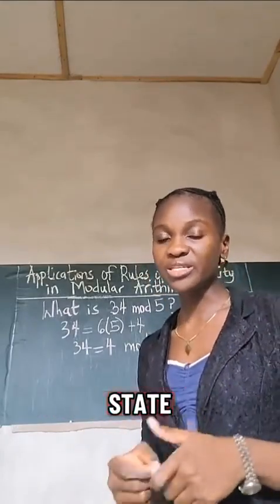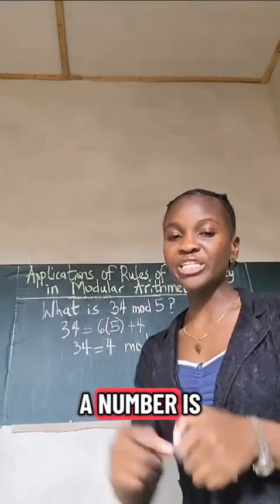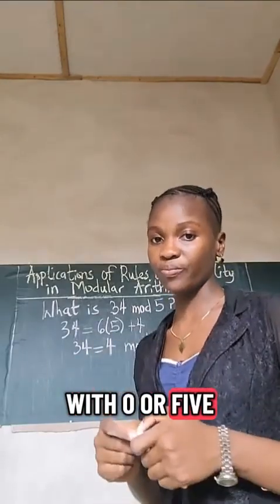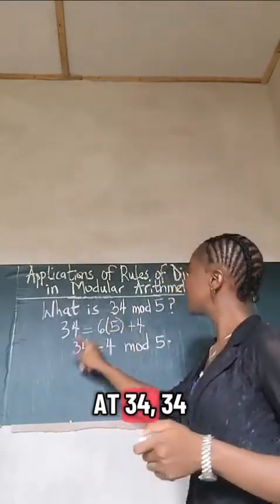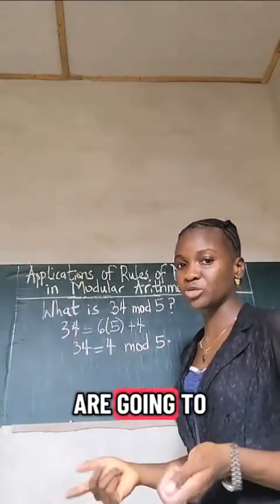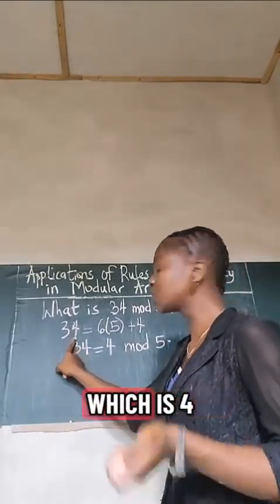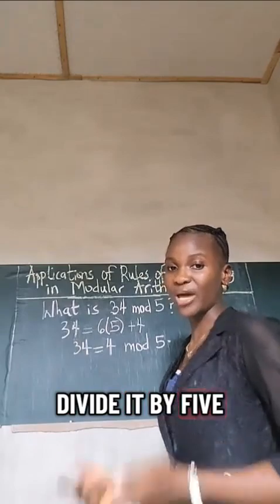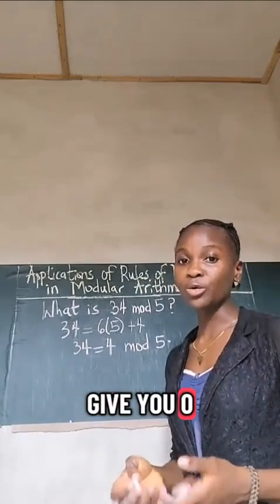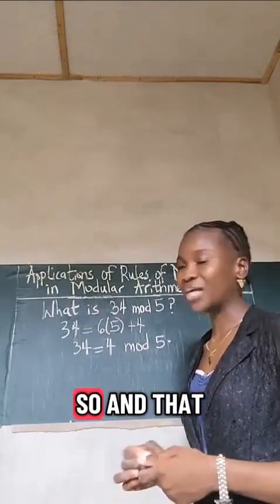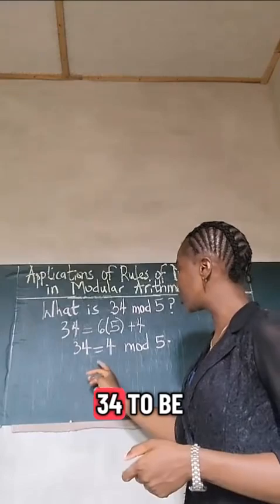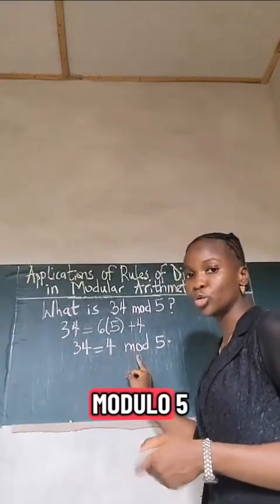It states that a number is divisible by 5 if it ends with 0 or 5. 34 here ends with the number 4. So the last digit, 4, we divide by 5, and that will give you 0, remainder 4. That remainder is what the answer will be equal to. So we have 34 equals 4 modulo 5.